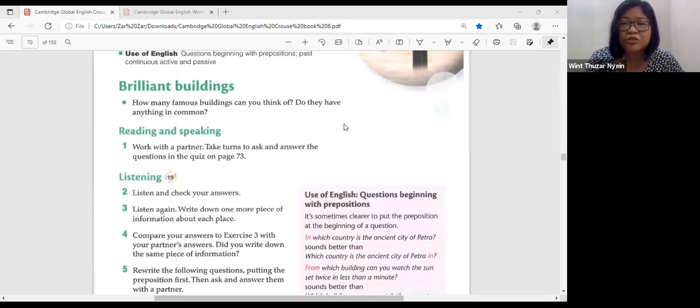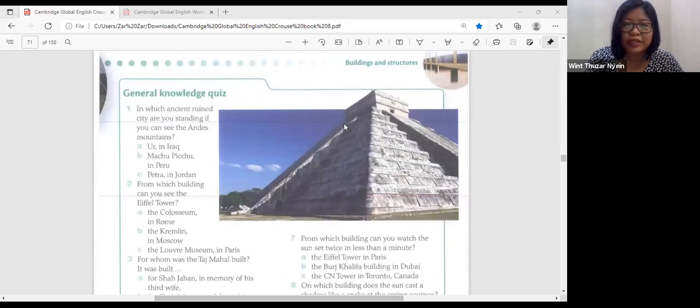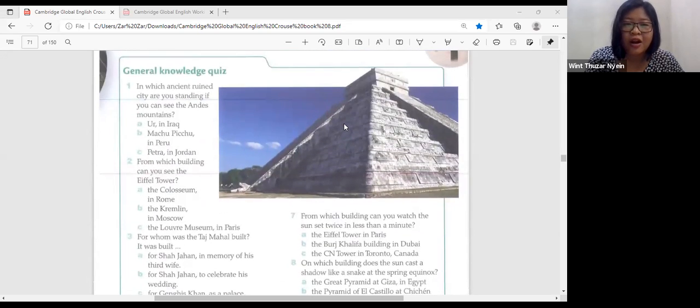Okay, first of all, go to page number 73, and there is a general knowledge quiz from 1 to 10. You just pick the answer that you think is right. Circle the answer, maybe with a pencil.